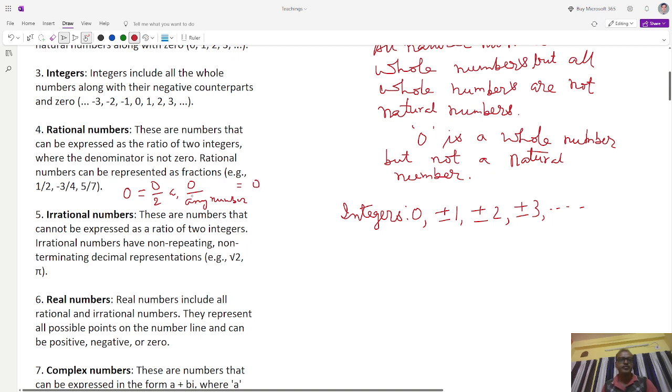So 0 is a rational number. Here the denominator is not equal to 0.